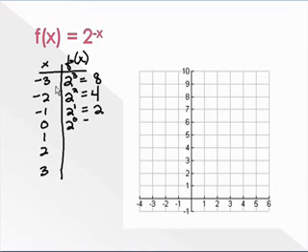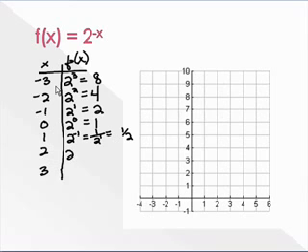Anything to the 0 power is 1. Now we're putting in a positive 1. So it says take 2 to the opposite of your x, so we need 2 to the negative 1. And remember, we just did that in that last graph. We make that exponent positive by bringing it down to the denominator. So we get 1/2.